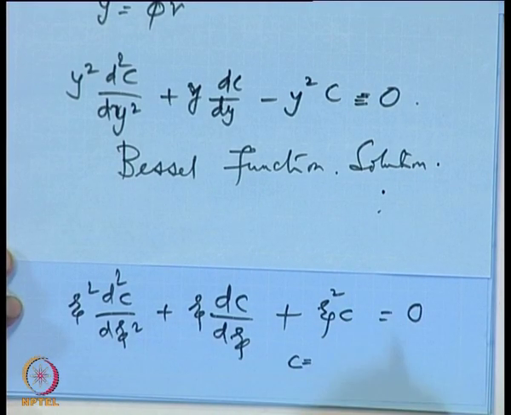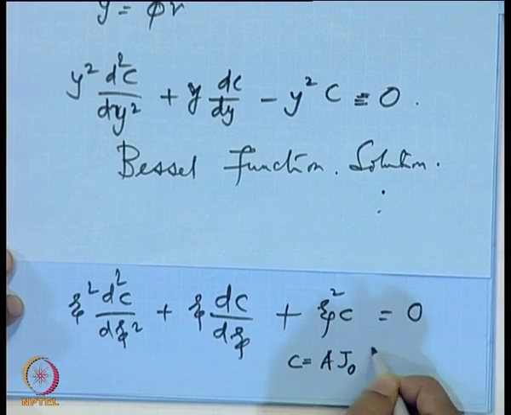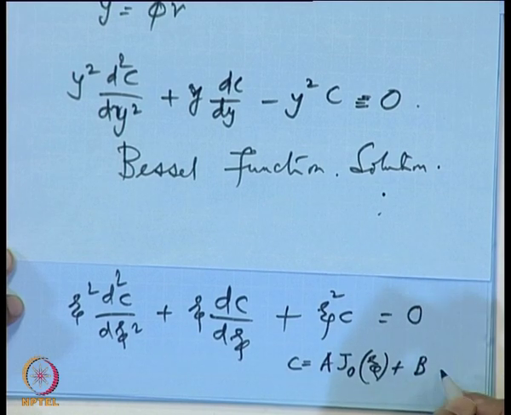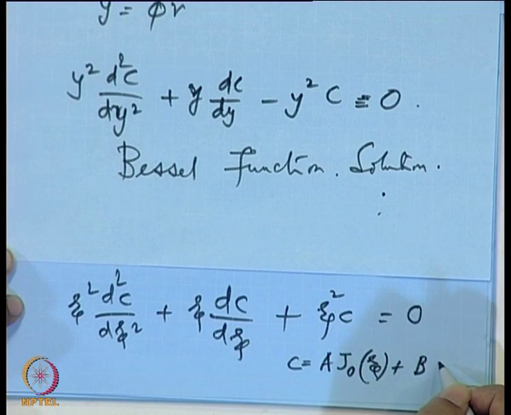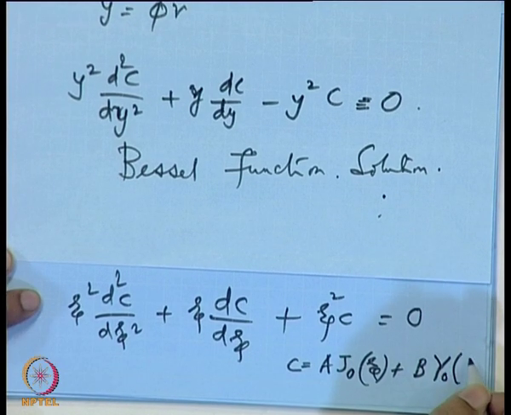So, C equals J naught psi plus B, and let us use up all the alphabets.